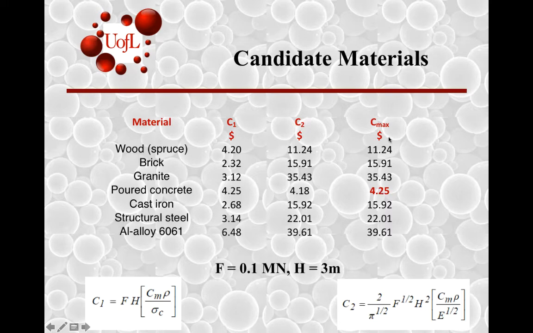Once you've found out the cost that satisfies both constraints, among them you choose the cheapest cost that satisfies both constraints, and you'll come up with poured concrete as the solution. Dwell on this implication. This kind of an approach is called a min-max problem, right?